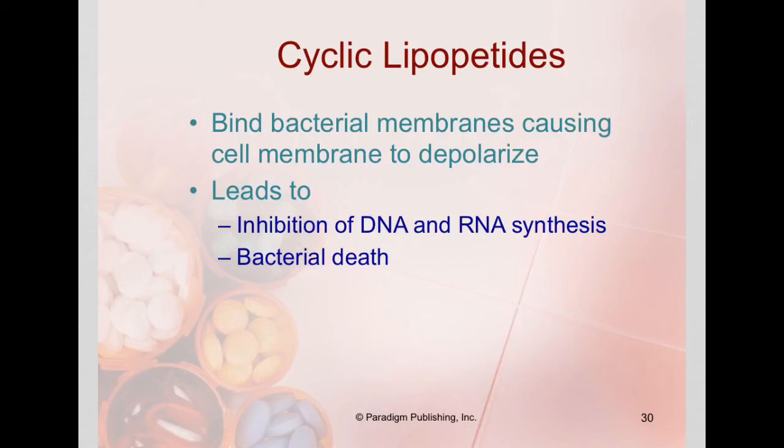It's used for complicated skin infections, and it's active in treating aerobic gram-positive bacteria. Its big side effects are hypotension, headache, insomnia, rash, constipation, nausea, diarrhea, and injection site reactions.